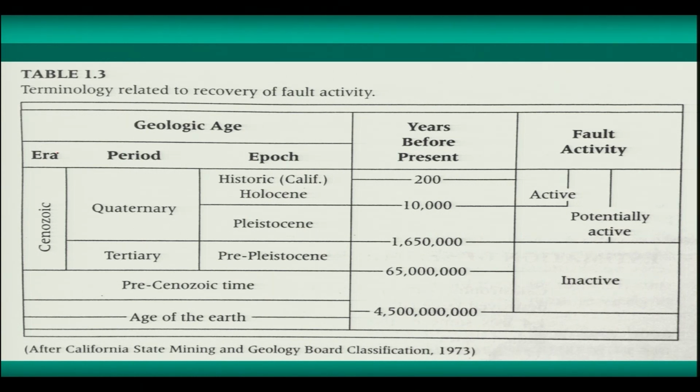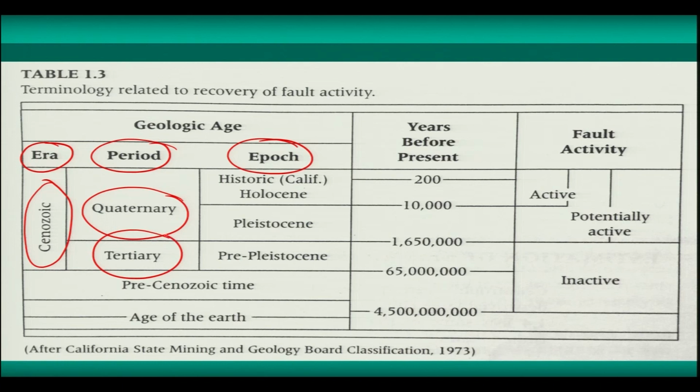So you have the era, then the period, then the epoch, and the Cenozoic era comprises two periods, the Quaternary and the Tertiary. And why Tertiary? Because research tells us this was the period when the collision started, that is, the collision between the Indian plate and the Eurasian plate.